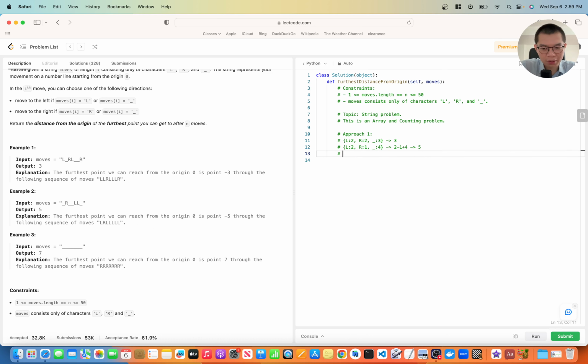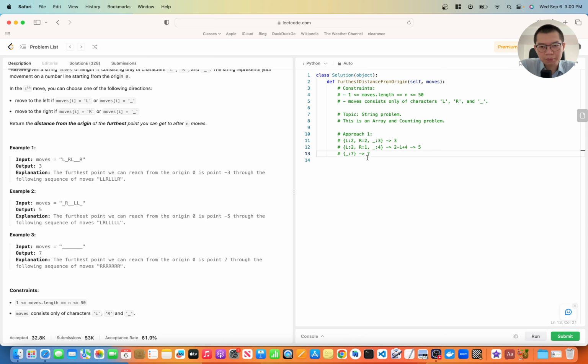And obviously, when you have just 7 underscores, the answer is just 7, right? So from this situation, you can see that there's 3 cases that we need to account for. When you have both lefts and rights, you find the maximum of the moves, whether they're left or right, and then you subtract the minimum one, and then adding the underscore will give you the answer, right?